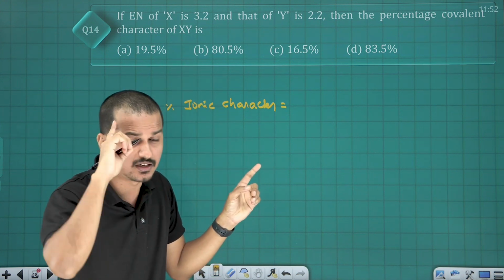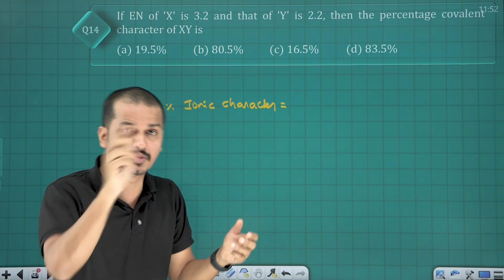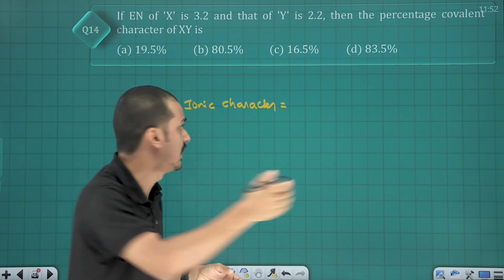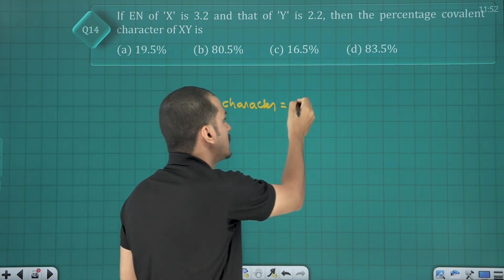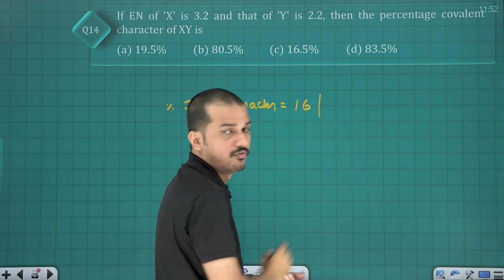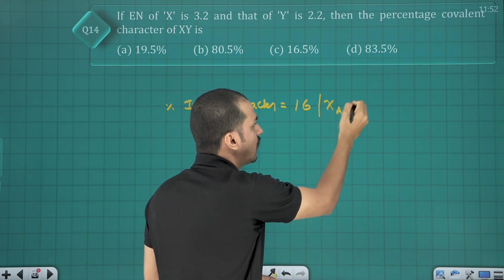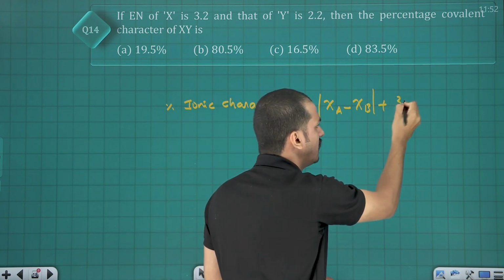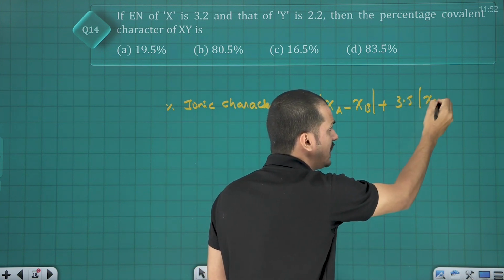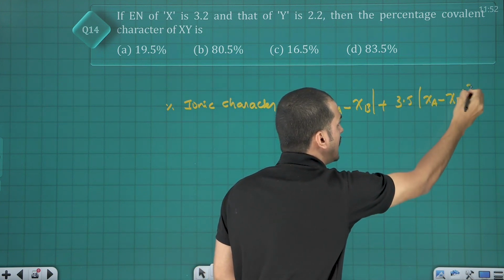If you don't remember, just go and watch the recap video again. It is in the last slide. I'm explaining the same thing. So percentage ionic character is equal to 16 into |χA − χB| plus 3.5 into (χA − χB) squared.